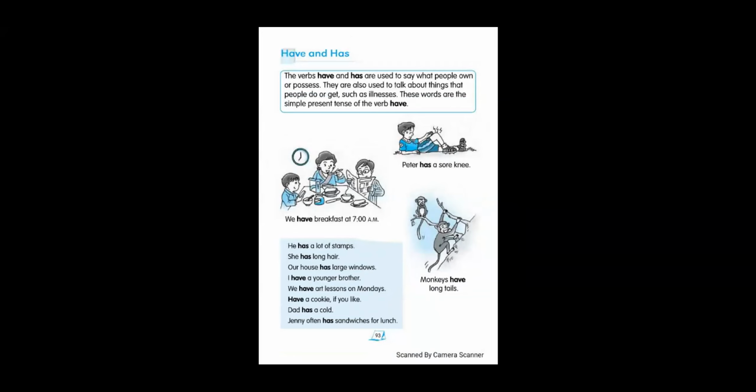So there are total 3 tenses: present tense, past tense, and future tense. And we have already begun with the present tense. In present tense, what did we study? Simple present tense, wherein we didn't add any helping word.